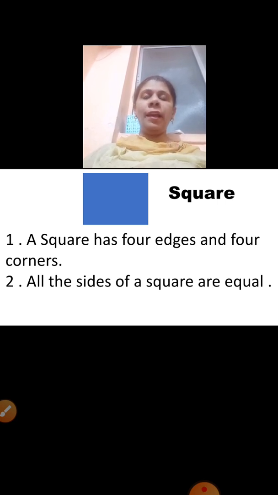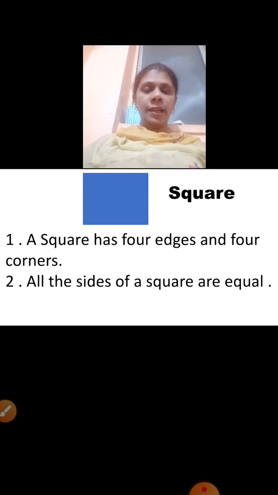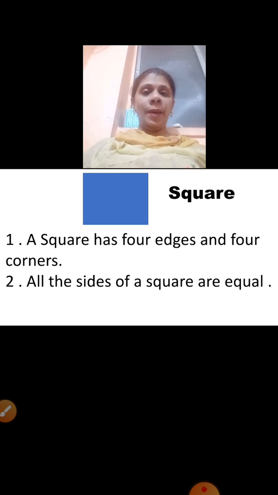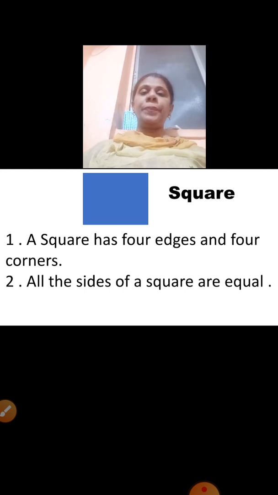You might know how we do revision in class. In the same way you are going to repeat after the teacher. Square. A square has 4 edges and 4 corners. How many edges? 4. And how many corners? 4. So a square has 4 edges and 4 corners.